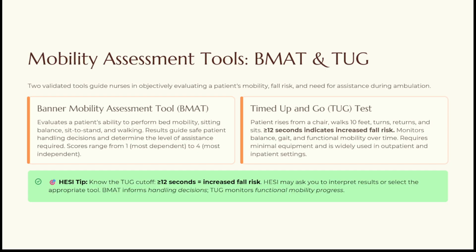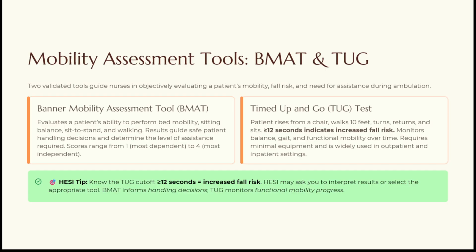The TUG test, or Timed Up and Go test, measures mobility and fall risk. During this assessment, the patient stands from a chair, walks 10 feet, turns, returns to their spot, and sits down. Now, important to remember, a score of 12 seconds or greater indicates increased fall risk.